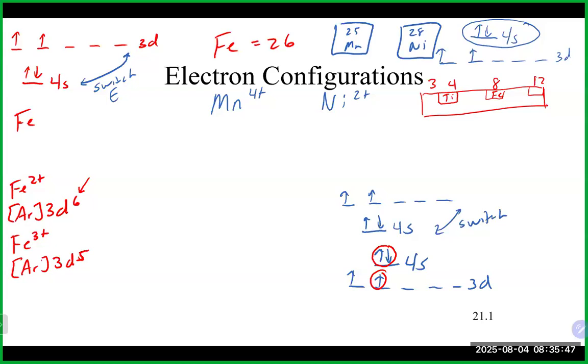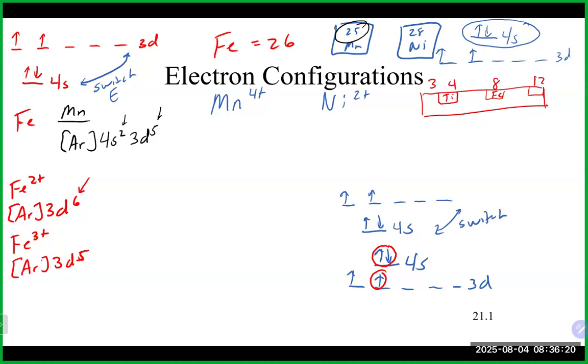So here we're going to go Mn +4. Mn with no charge has 25, so that would technically be argon, which gets us to 18, then 4s2, 3d5 in this case. If you look on the periodic table, Mn is group 7, and that is the 7 valence electrons that it's got going on.